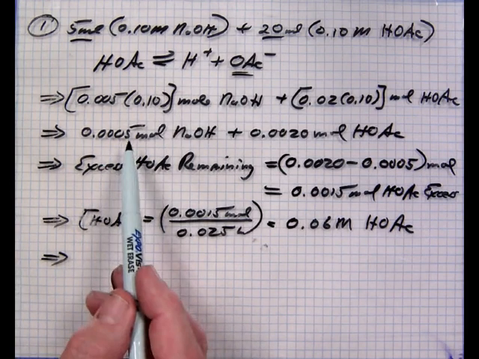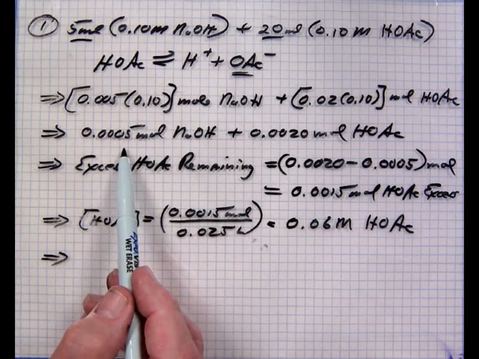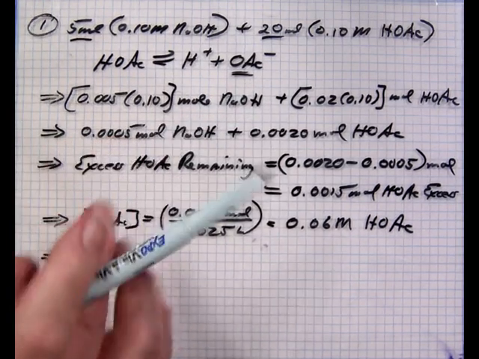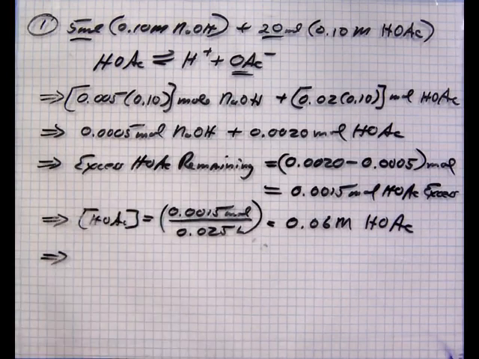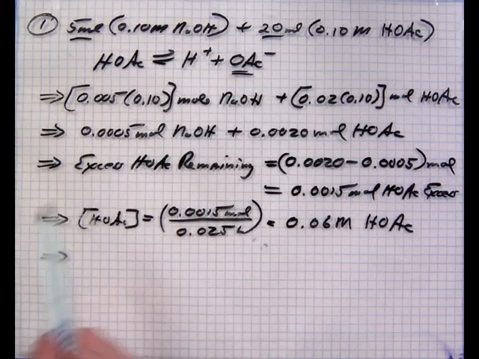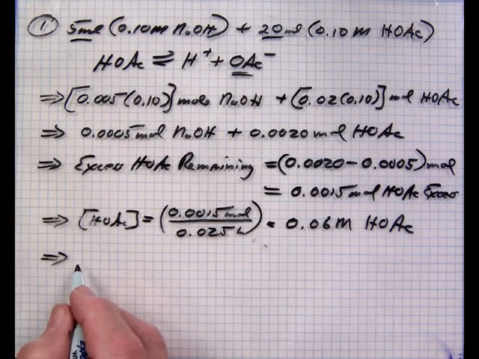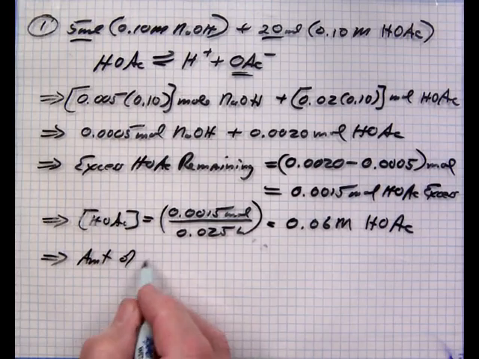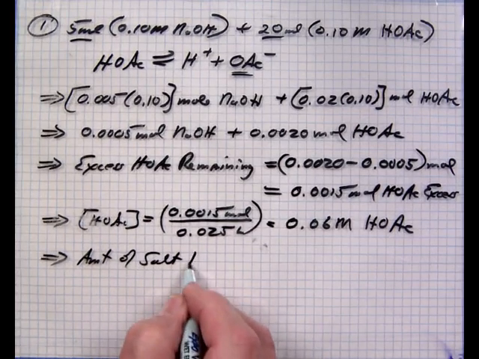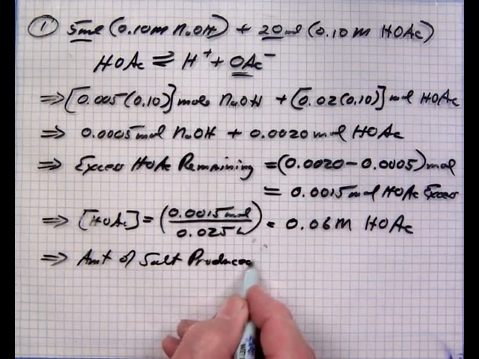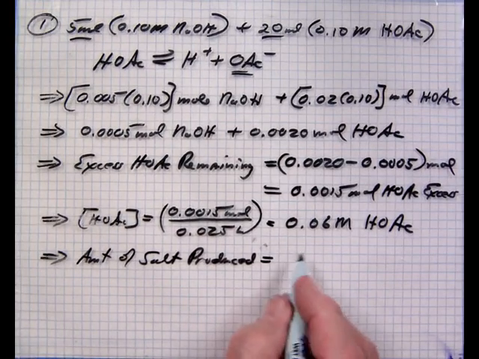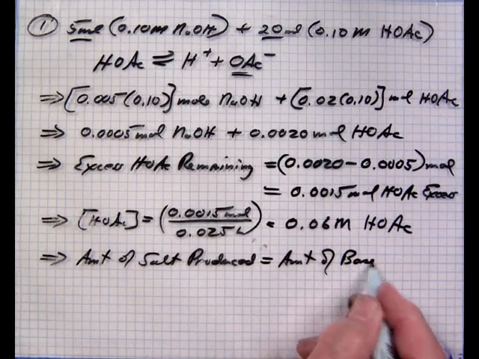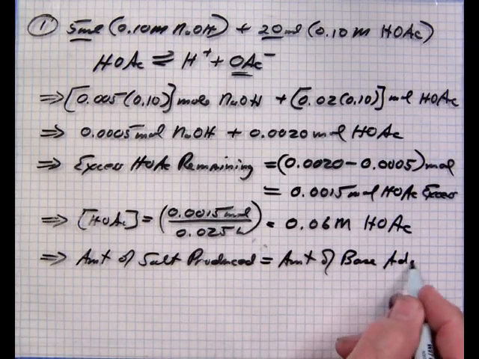Well, the amount of salt produced is equal to the amount of acid neutralized, and the amount of acid neutralized is the amount of base added. So you might make a note here, the amount of salt produced equals the amount of base added.